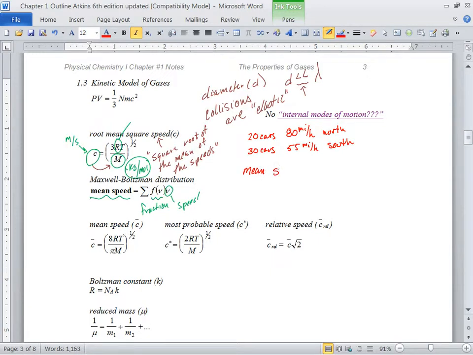The mean speed would be what? The mean velocity would be what? The mean, heck, we could calculate.